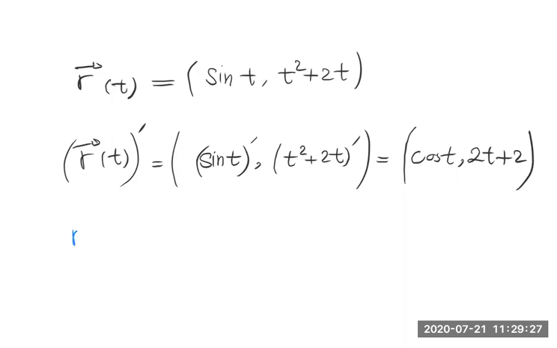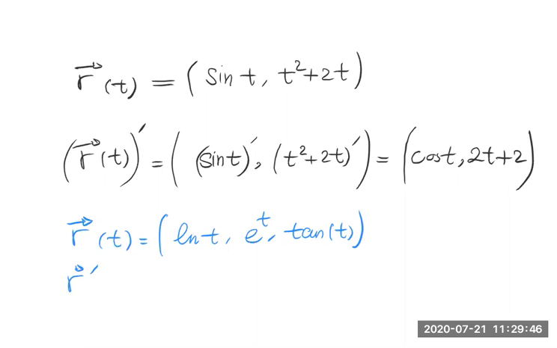Similarly, if I have a function from R to R3, say (ln of t, e to the t, tangent of t), what is its derivative? I should take the derivative of ln. What is the derivative of ln?